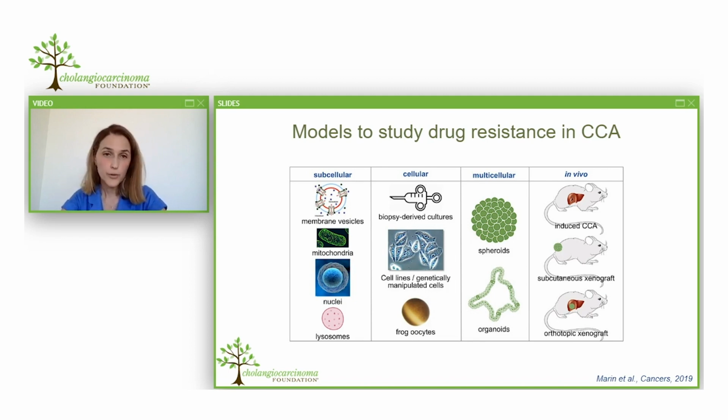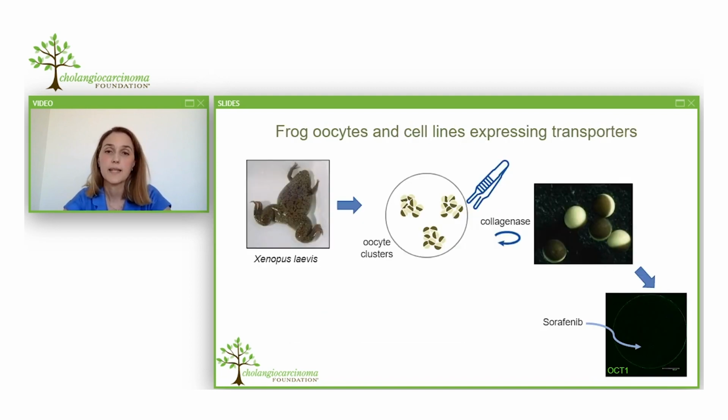In our group, we are especially interested in transport proteins, and we use different models from less to more complex to investigate different aspects of chemoresistance. For instance, it's possible to investigate the contribution of transport proteins for each drug using frog oocytes or cell lines expressing specific transport proteins.